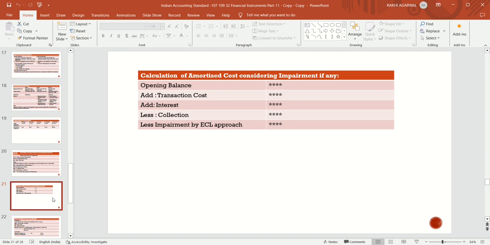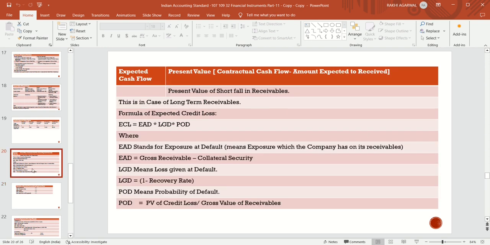Calculation of amortized cost considering impairment, if any: in the general way, what is the opening balance, we add the transaction cost, add the interest, reduce the collection, reduce the impairment, or by ECL approach, expected credit loss. Now how will we calculate the expected cash flows in case of impairment?